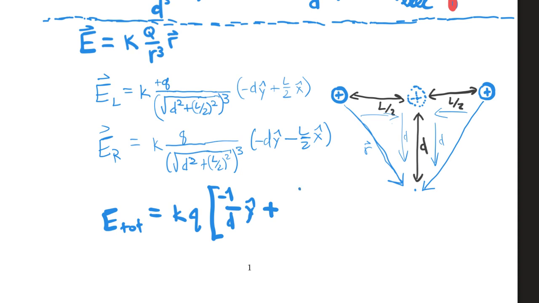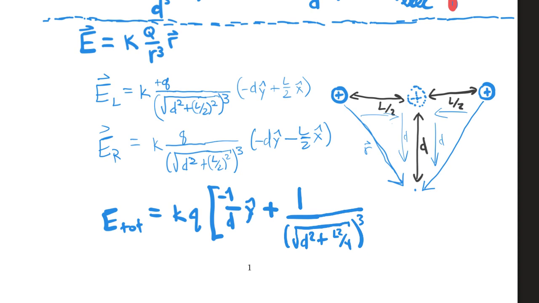So this is going to be 1 over the square root of d squared plus L squared over 4. I just squared each of those. Cubed is the same thing as before, just made that square happen.